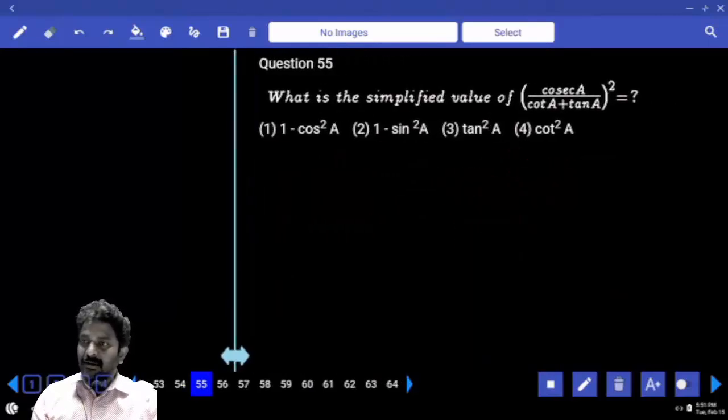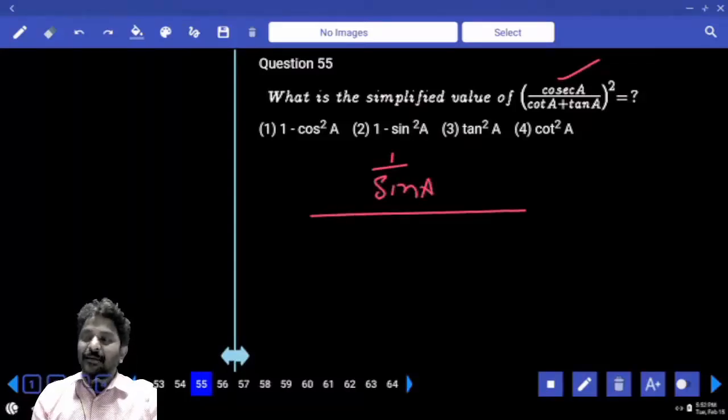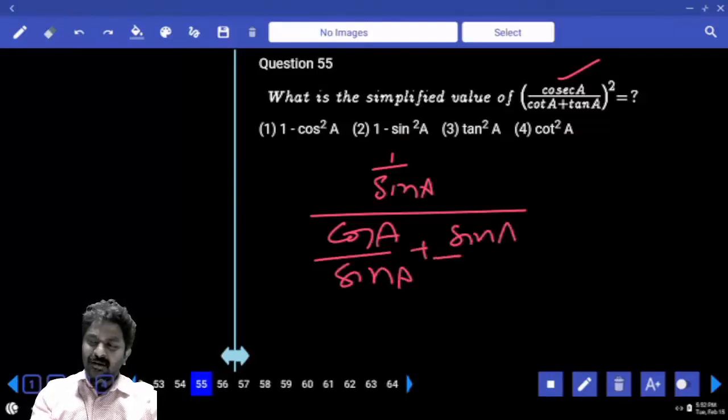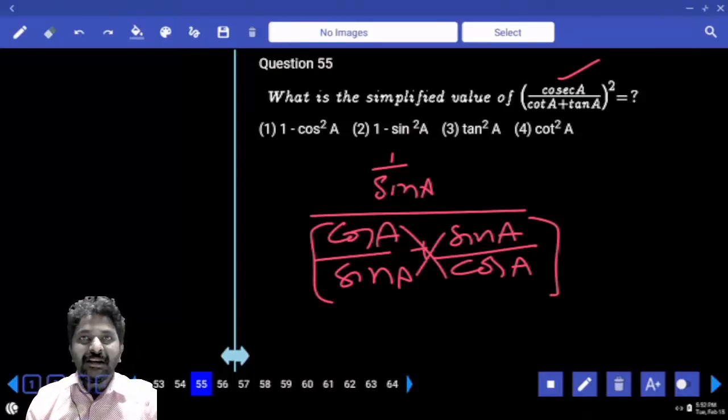Now here cosecant A, that is 1 by sin A divided by cot A plus tan A. Cos A by sin A plus sin A by cos A. If you simplify your denominator, it is cos square A plus sin square A by sin A cos A, correct?